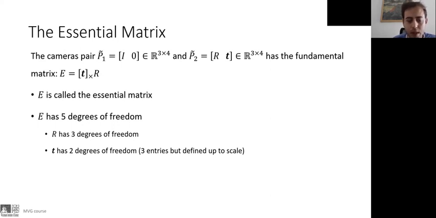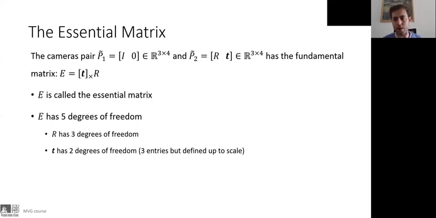Can you explain again this up to scale part? So I understand that T is a translation vector, but up to scale, you mean that we can go in the direction of this T up to scale? Okay, I have 2 explanations. One is algebraic. We want a fundamental matrix or essential matrix to map a point to its corresponding line, such that the corresponding point lies on this line.